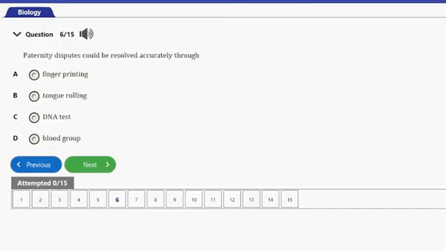It says, paternity disputes could be resolved accurately through A, fingerprint, B, tongue rolling, C, DNA test, and D, blood group. The answer to this question is option C here, and that's DNA test. So let's consider the next question, question number 7.